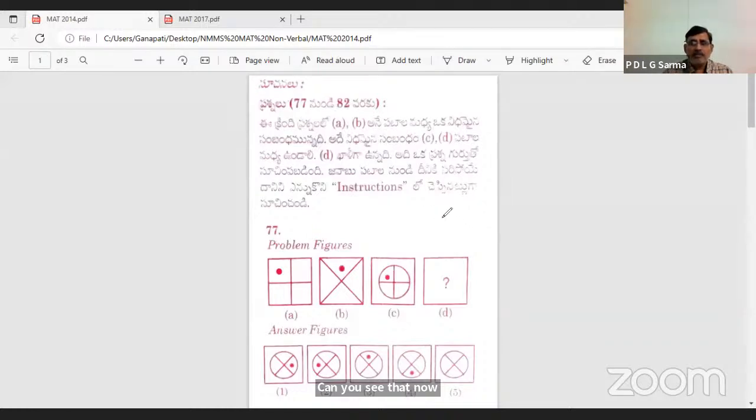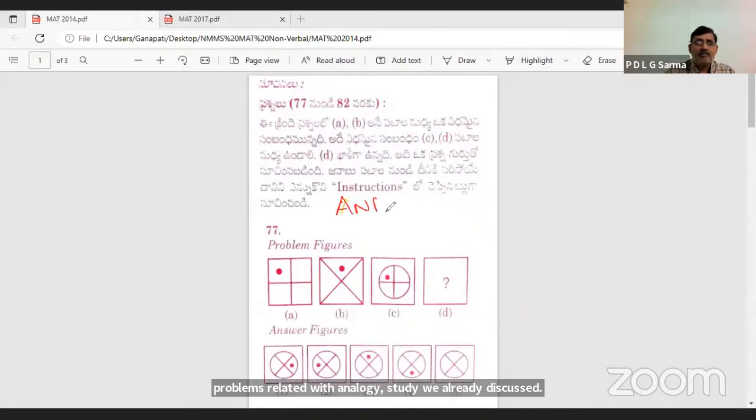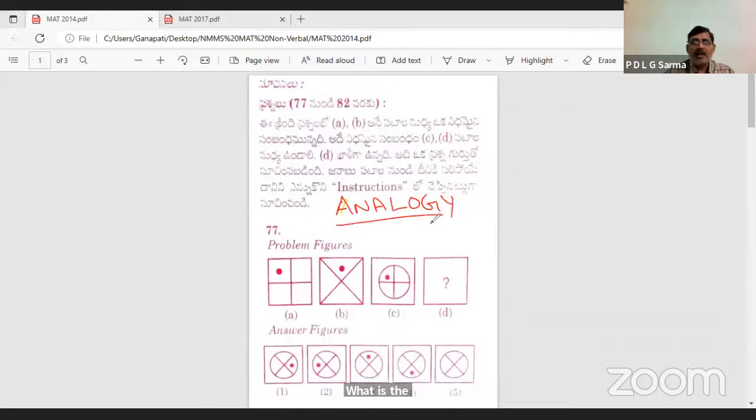Now, first let us go for the first one. Here, these are the problems related with analogy. Yesterday we already discussed what analogy is.